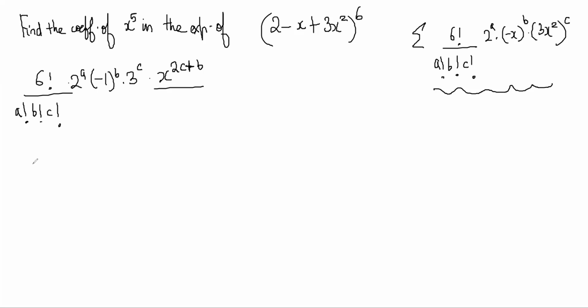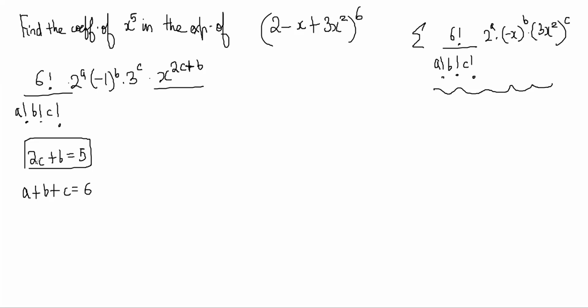I need to ensure that 2c plus b is equal to 5, right? And I also have a condition that a plus b plus c is equal to 6. That has to be true always. So these two things together should give me some candidate values.